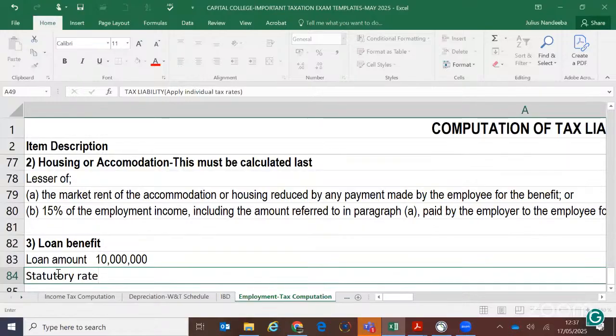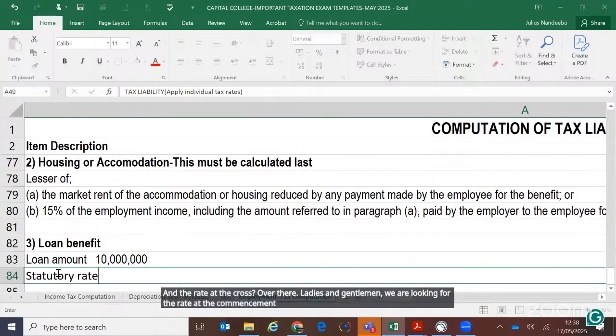Now, with the statutory rate, the examiner can confuse you by giving you the rate at the commencement of the year and the rate at the close of the year. Ladies and gentlemen, we are looking for the rate at the commencement of the year.